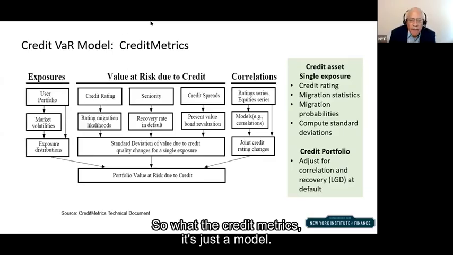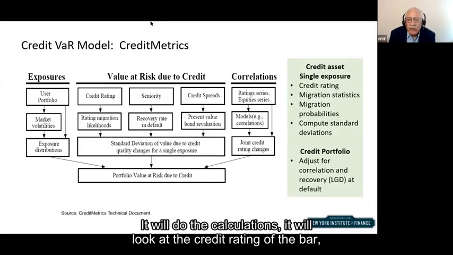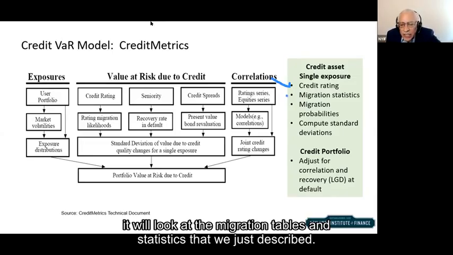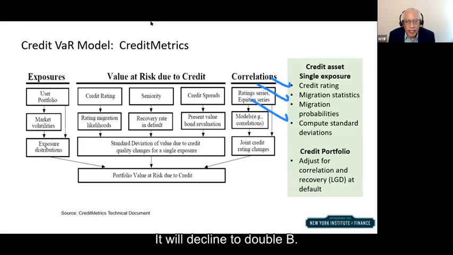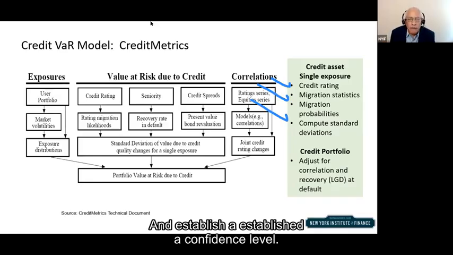As a model, it will do the calculations. It will look at the credit rating of the borrower. It will look at the migration tables and statistics that we just described. It'll establish a migration probability: what's the probability that if it's triple B, it'll decline to double B or single B, and establish a confidence level.